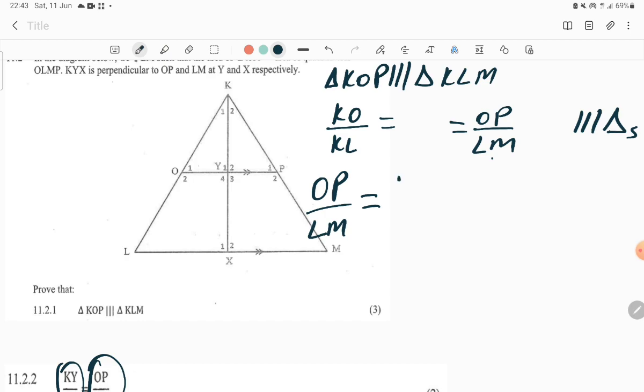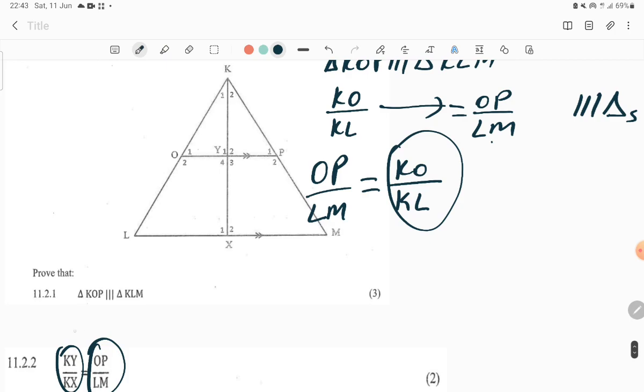Let's just take KO divided by KL. So let's take these ones and equate them to each other. Now, after that, let us not destroy this one, but let's find out how this can be equal to this side over there.